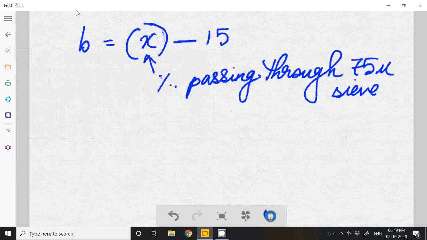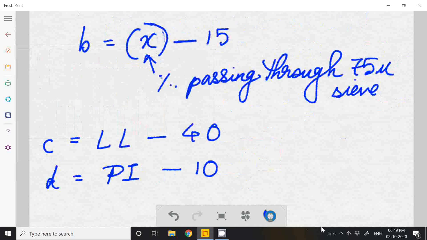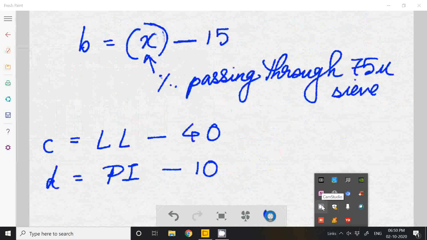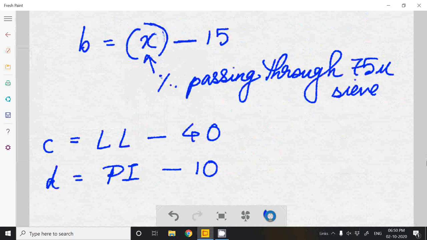Then what is C? C is whatever liquid limit we get for the soil minus 40. And what is D? Whatever plasticity index we get for the soil minus 10. Most of the confusion happens in case of A and B, and C and D are easy to remember.